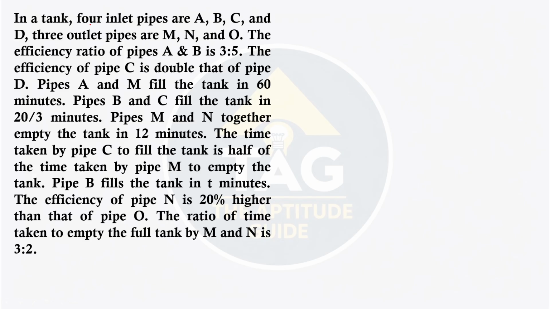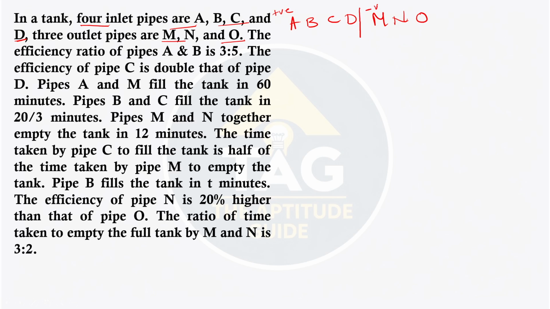Now, in a tank, there are 4 inlet pipes, A, B, C, D, and 3 outlet pipes, M, N and O. I'll write all the names here: A, B, C, D, M, N, O. So A, B, C, D are positive.